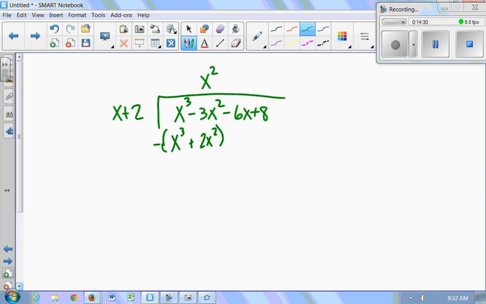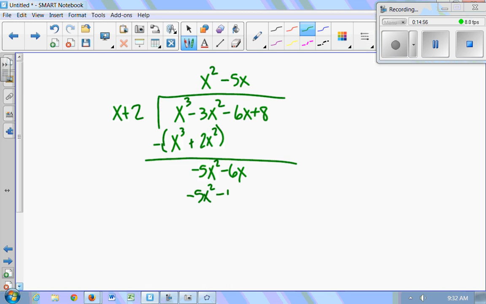Subtract. X cubed minus x cubed is 0. -3x squared minus 2x squared is -5x squared. Bring down the -6x. And then you'd say x times what gives you -5x squared? That would be -5x. -5x times x is -5x squared.